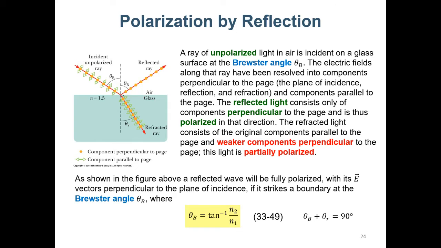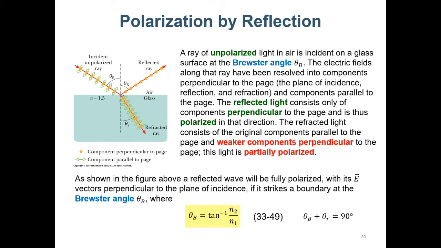Sine theta b should be n2 over the square root of n1 squared plus n2 squared, times n1 over n2, and this can be cancelled.